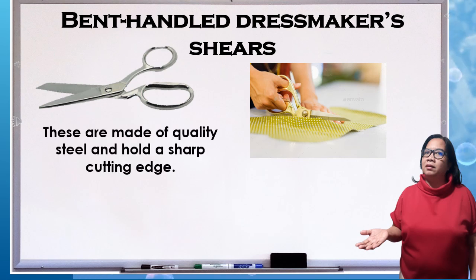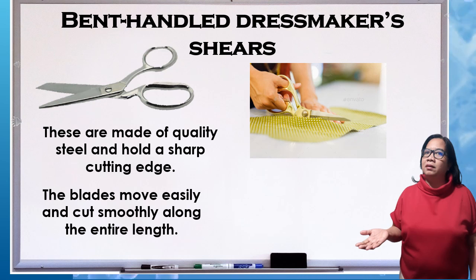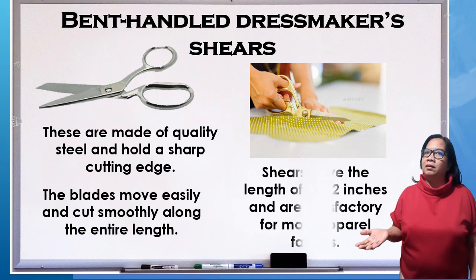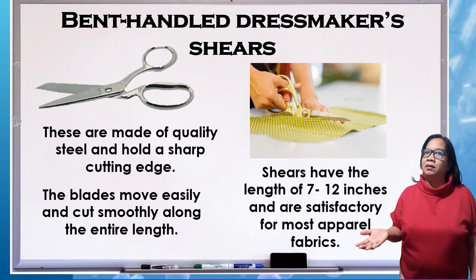The best type of these scissors is made of quality steel and holds a sharp cutting edge. The blades move easily and cut smoothly along the entire length. Shears have the length of 7 to 12 inches and are satisfactory for most apparel fabrics.